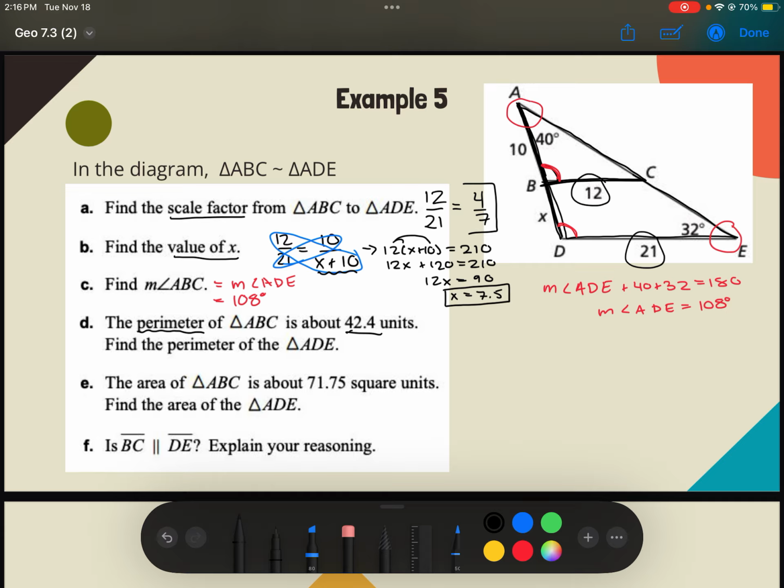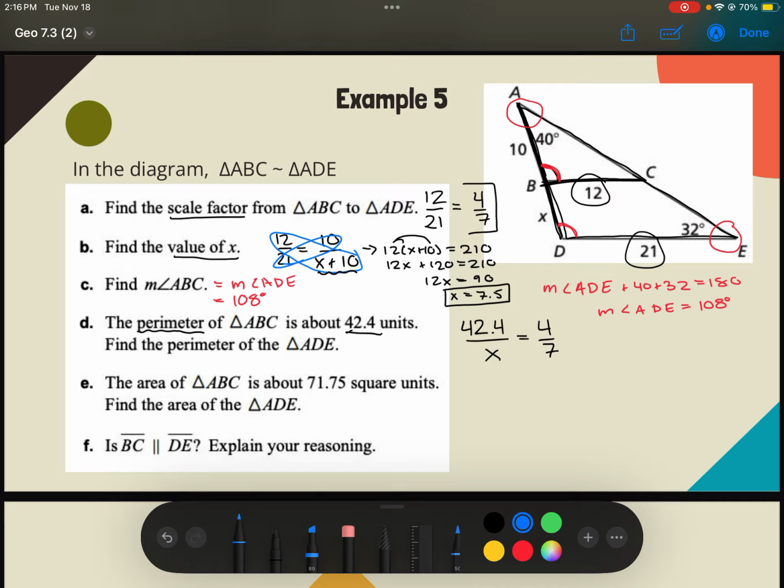Okay, even with perimeter, I can use my scale factor. Because I'm just adding up side lengths, if I know the perimeter of ABC is 42.4 units, that is going to compare to the perimeter of ADE, I'll call that x, by the same ratio as our scale factor.